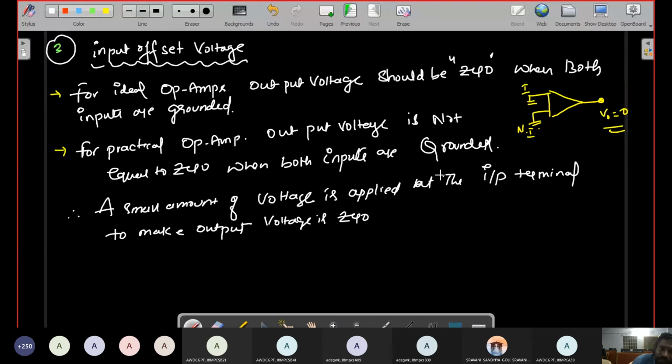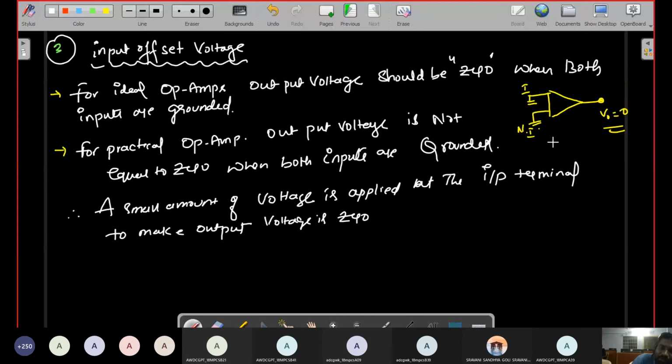So for that purpose, a small amount of voltage is applied at any one of the input terminals to make the output voltage zero.